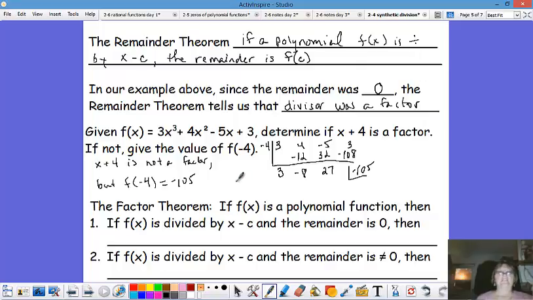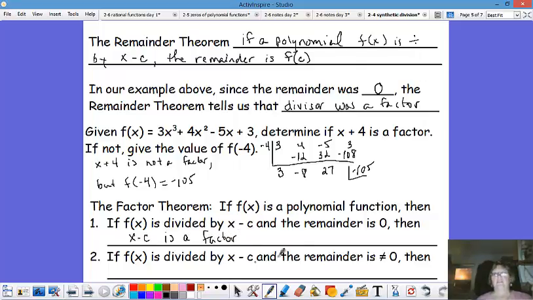A closely related friend, okay? The factor theorem. If f of x is a polynomial function, then if we divide it by some binomial x minus c and the remainder is 0, here's what we know. X minus c is a factor.